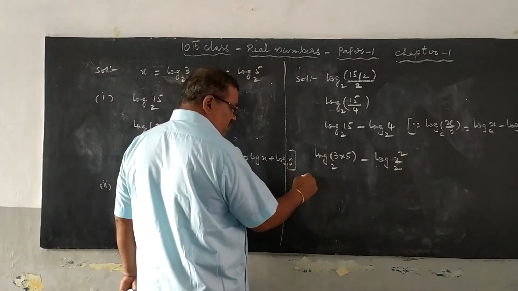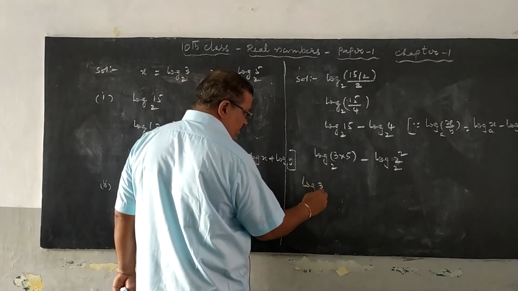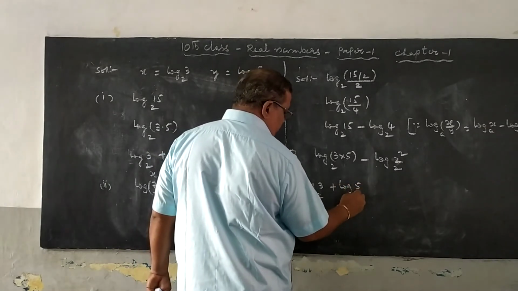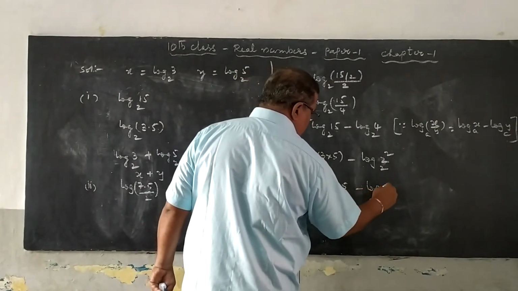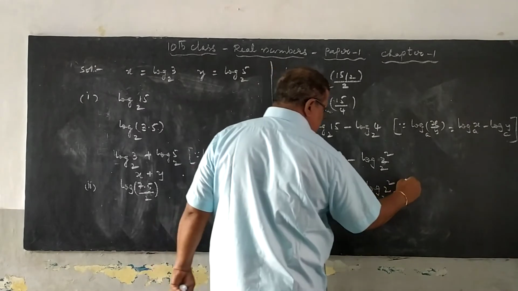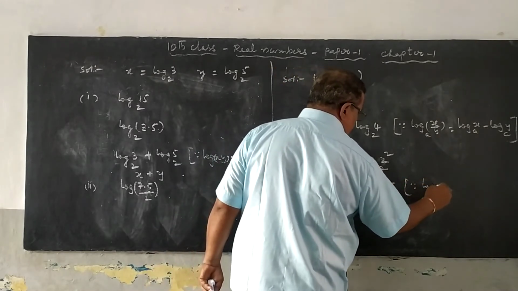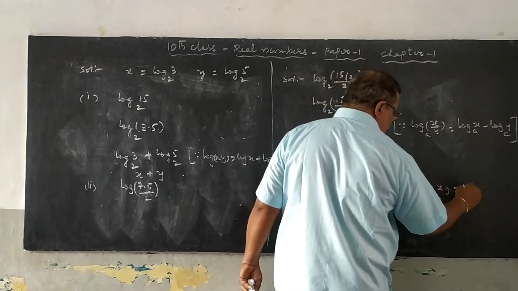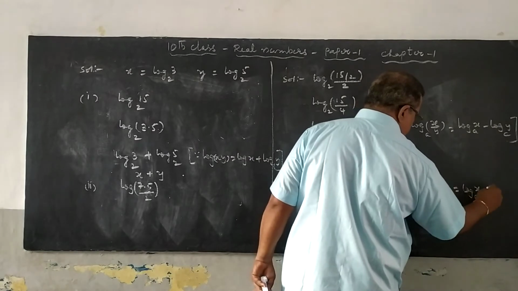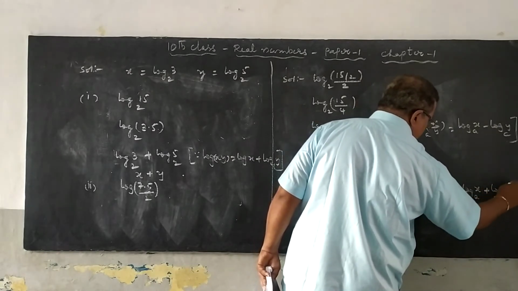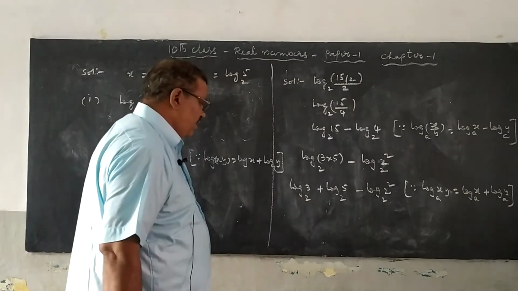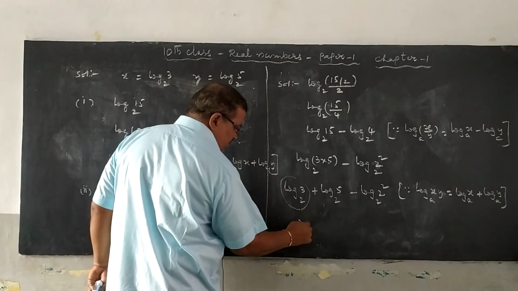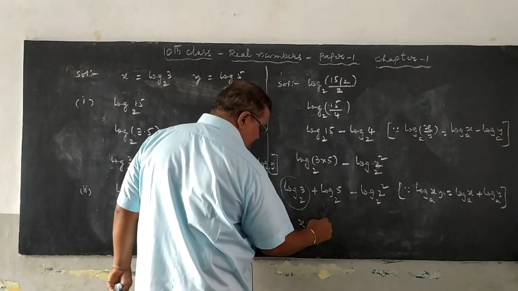Again, using the log xy formula, log xy base a is nothing but log x base a plus log y base a, so we get log 3 base 2 plus log 5 base 2 minus log 2 square base 2. Log 3 base 2 is x, which you know, and log 5 base 2 is y.